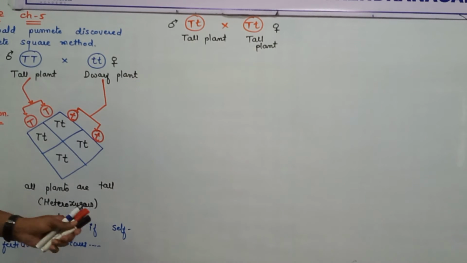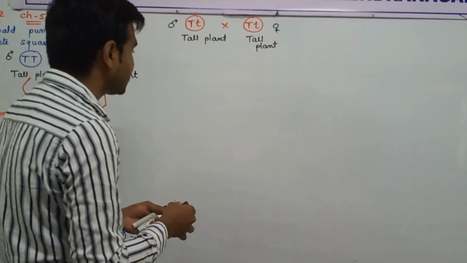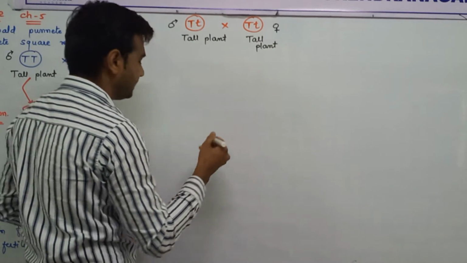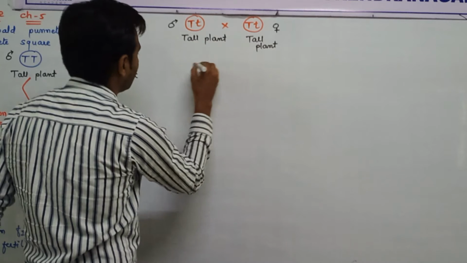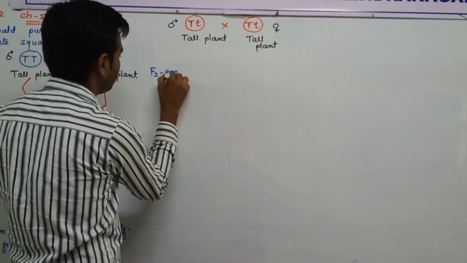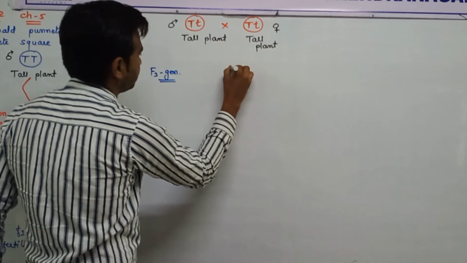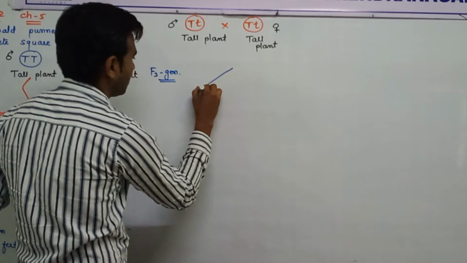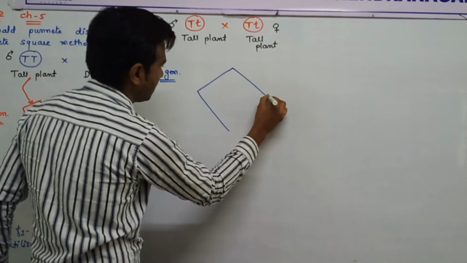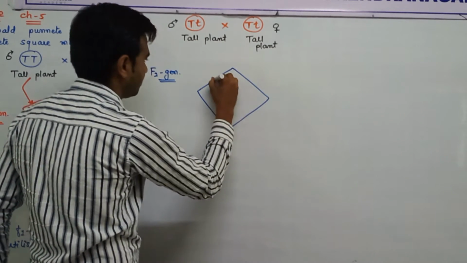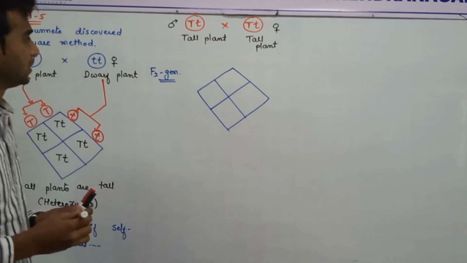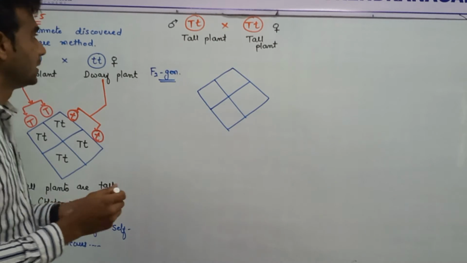Fine. So for this we can draw the Punnett square in this way. So here F2 generation, so F2 generation Punnett square.